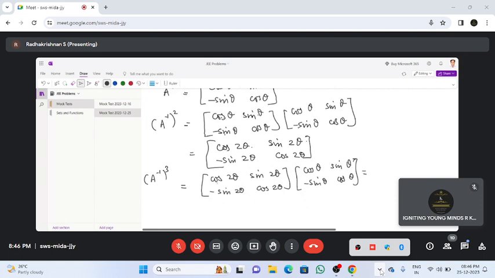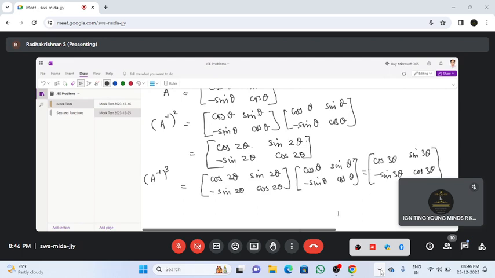So you see, this is cos 2 theta cos theta minus sin 2 theta sin theta. So that is cos of 2 theta plus theta, cos 3 theta. So you can see everything will be like that. Cos 3 theta, sin 3 theta, minus sin 3 theta, cos 3 theta. So this is the special property of this matrix.